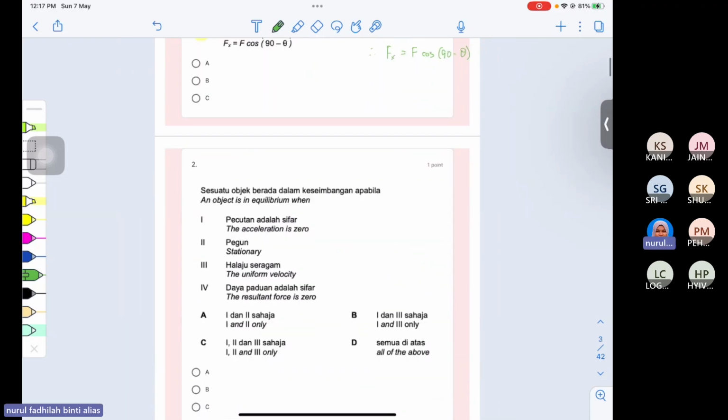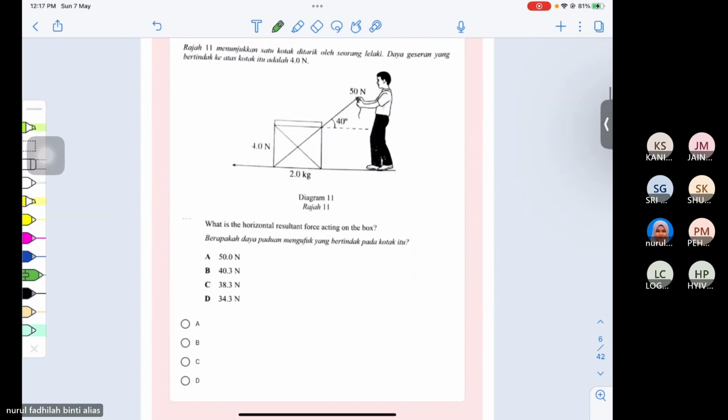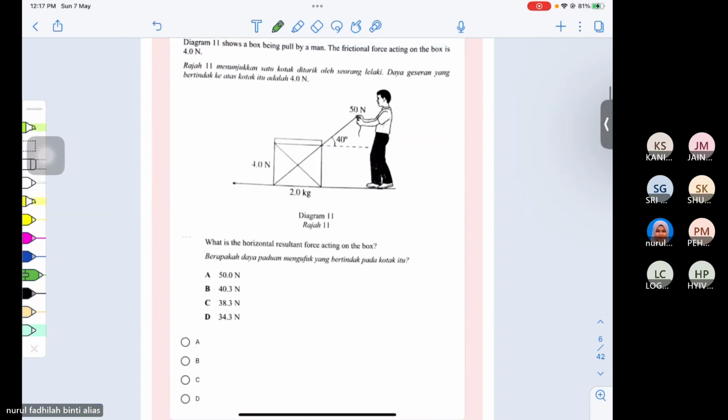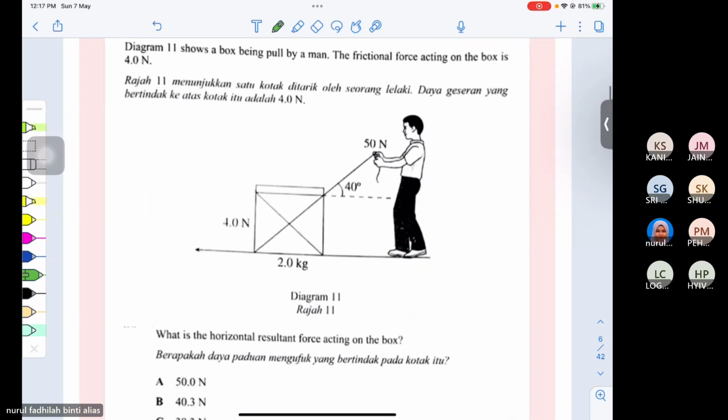No questions. Okay, any more example questions? Let's look at question number 5. Are you ready? Diagram 11 shows a box being pulled by a man. The frictional force acting on the box is 4 Newton.